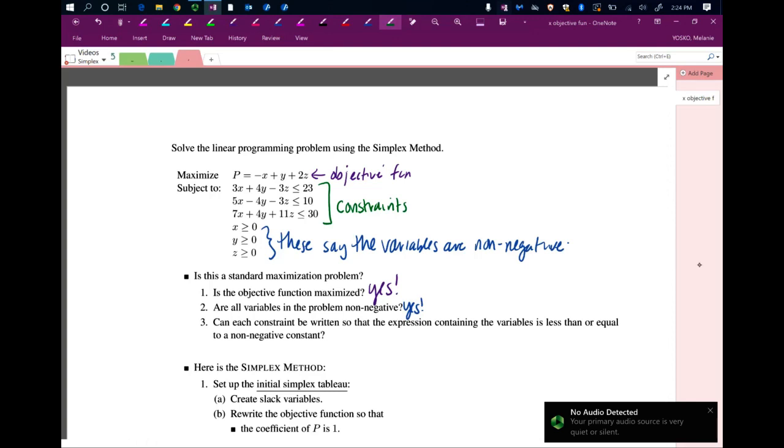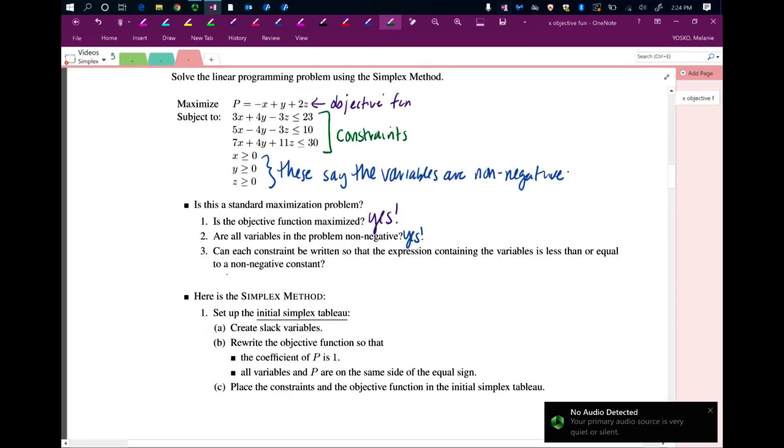So, the way I like to think about that is, anything with a variable, so a sum and or difference of variable terms, is less than or equal to a non-negative constant. So, less than or equal to 0 or a positive number, either one. So look up here. Sums and or differences of variables less than or equal to a number here that's positive or 0. And I have that.